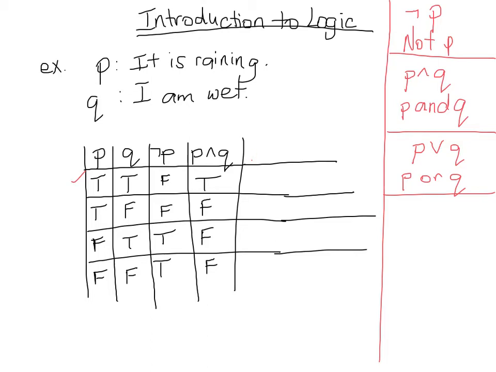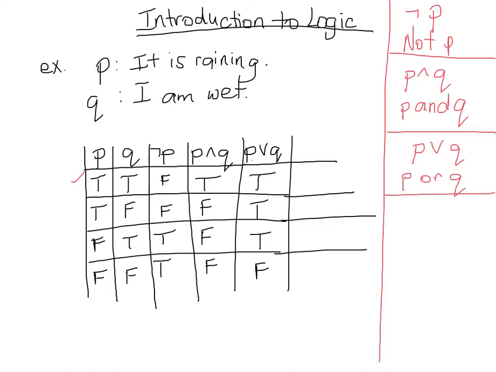So let's put that down. So for P or Q to be true, at least one must be true. So in the first one, they're both true, so it's true. In the second row, P is true, so at least one is true. In the third row, Q is true, so at least one is still true. But in the final row, they're both false, so P or Q must be false. At least one must be true for it to be true.